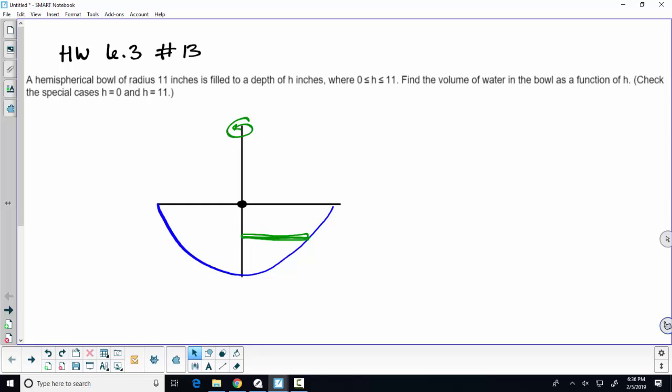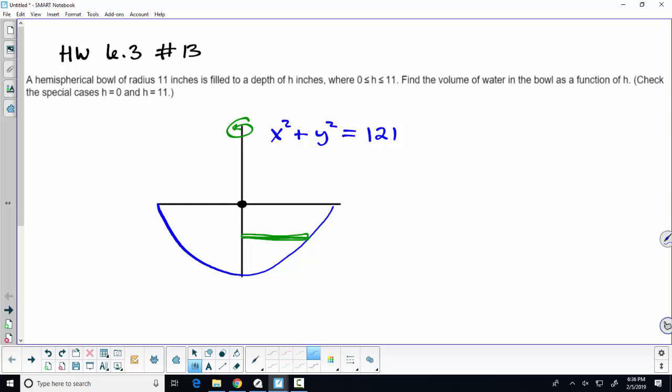Look at this. Now we need to describe the equation of that circle. A circle centered at 0,0 with a radius of 11. That gives us a full circle.